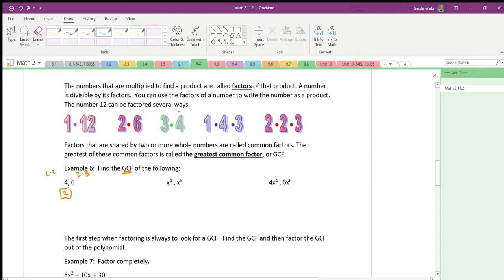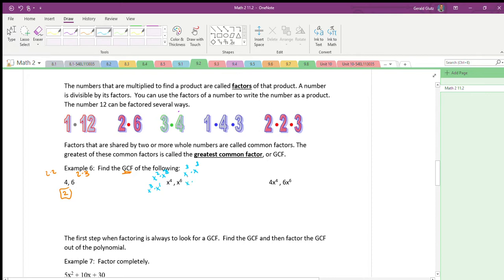For variables, I could multiply x squared times x squared, or x to the 3rd times x to the 1. Or for x to the 6th, I could multiply x to the 3rd times x to the 3rd.